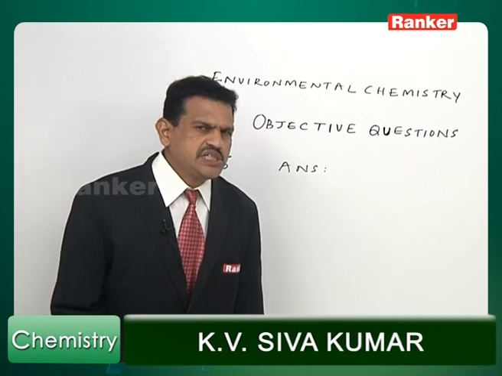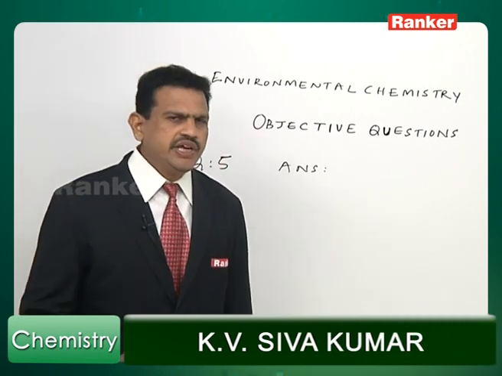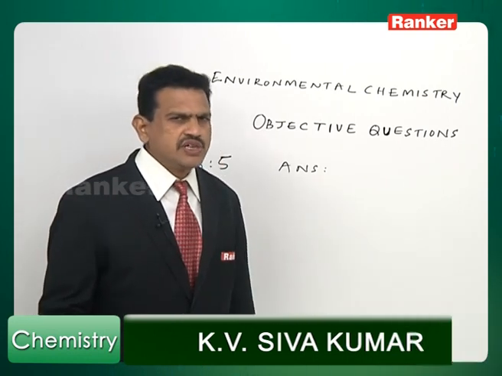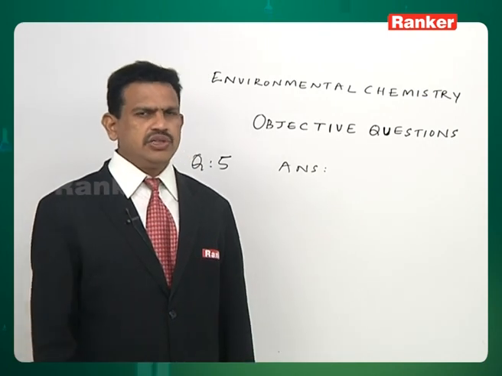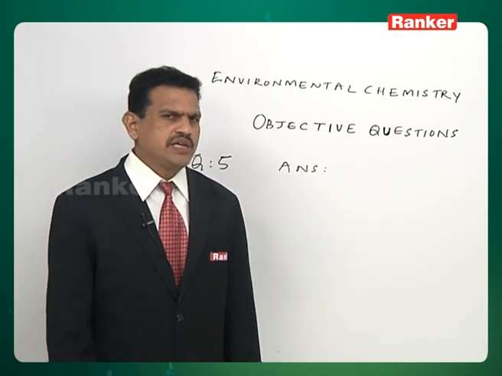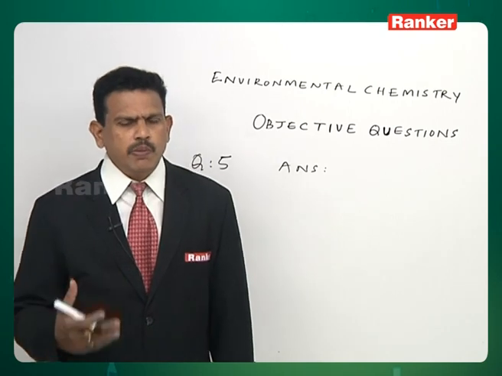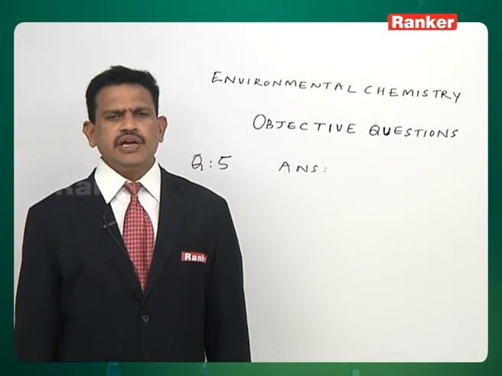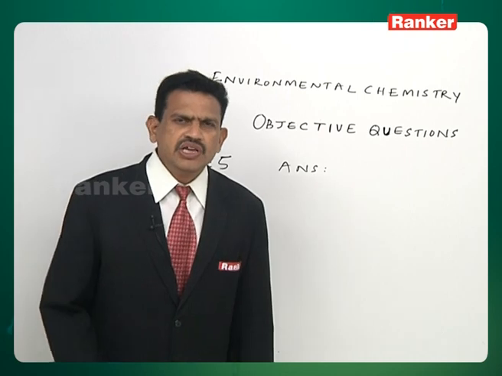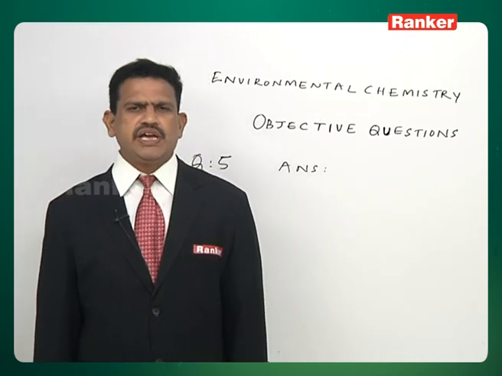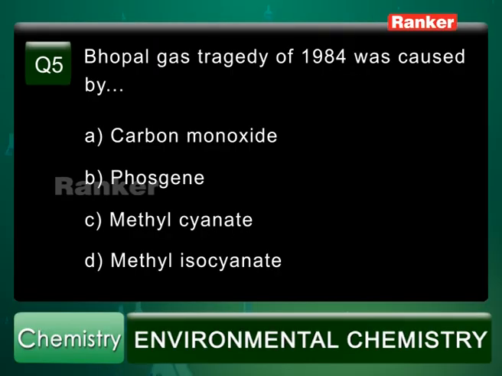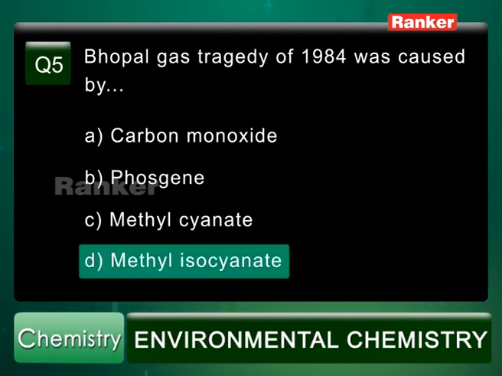The poisonous gas leaked out in the year 1984. It caused nearly 2 lakh people's deaths on the spot, and people are still suffering due to the Bhopal gas tragedy, because of the release of the poisonous gas methyl isocyanate. CH3NCO is the formula, so we can go for answer D. This is question number 5.